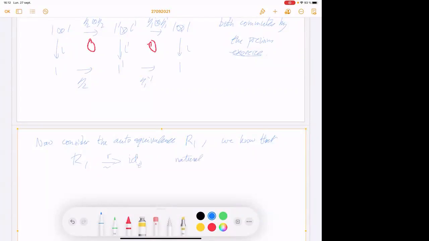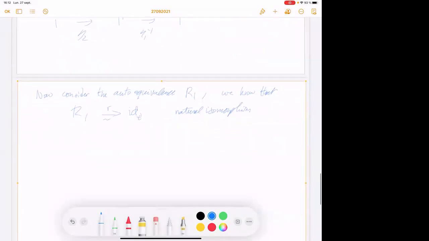So this was proved in some previous course.